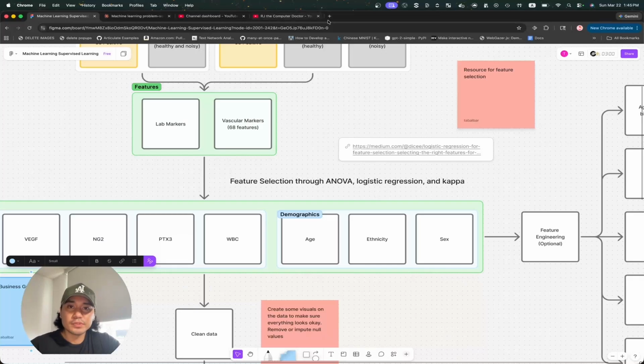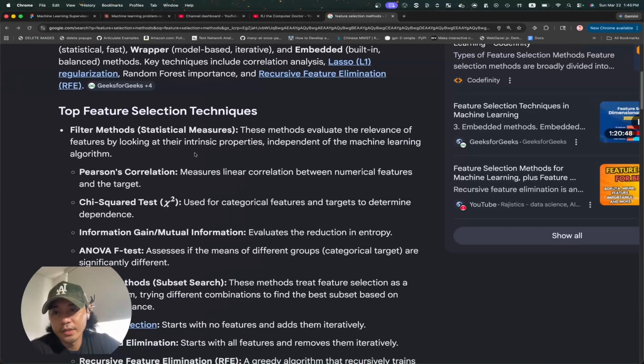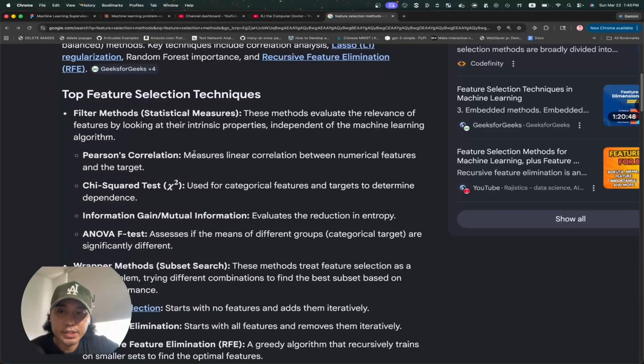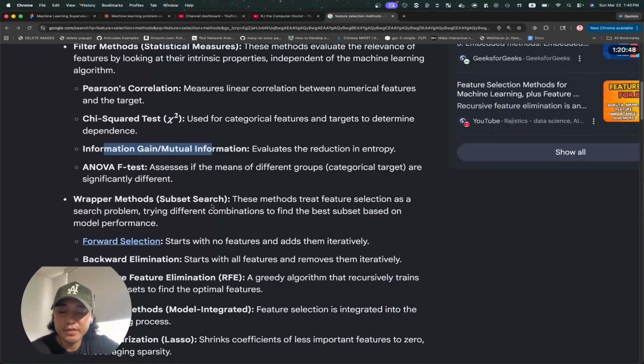So if you just search on Google for feature selection methods, okay. If we look here, you can use things like Pearson correlations, chi-square tests, ANOVA, information gain, mutual information. So these are all the different ways that you can statistically look at your data in order to filter down the features that you want to include in the model.